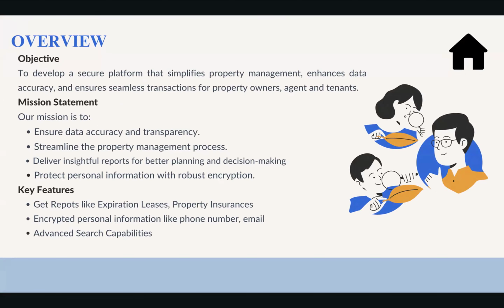Our mission was to ensure data accuracy, to provide a streamlined process, deliver insightful reports for better decision making, and to have encryption to protect the personal information. Key features include reports like expiring leases, property insurances, what is the average income, and other stuff. Then there is encrypted personal information like phone numbers and email. Moving on to the next slide.